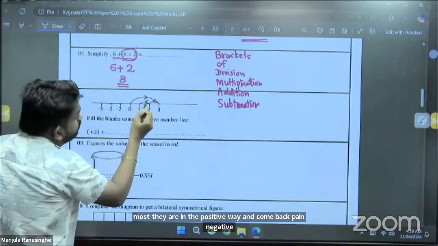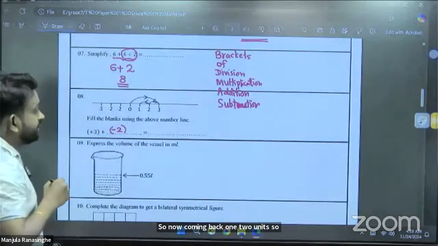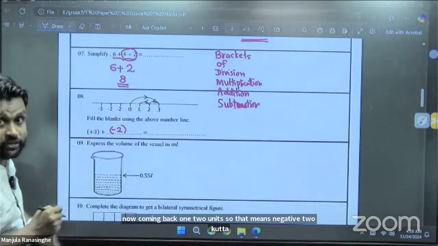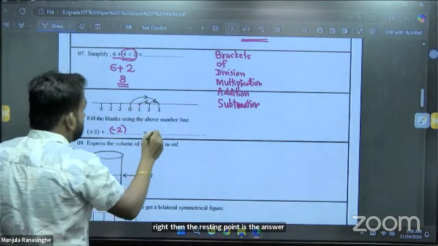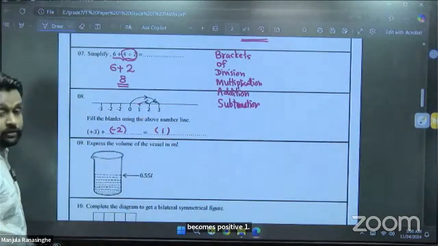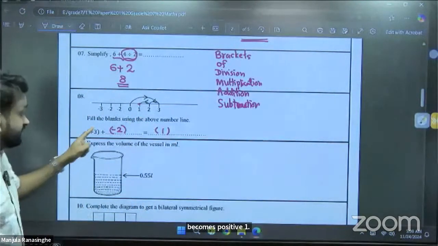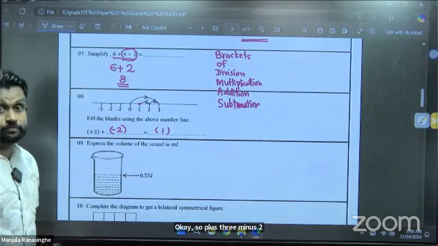Coming back 1, 2 units means negative 2. Then the resting point is the answer. This resting point becomes positive 1. Positive 1 is the answer. So plus 3 plus minus 2, and the answer is plus 1.